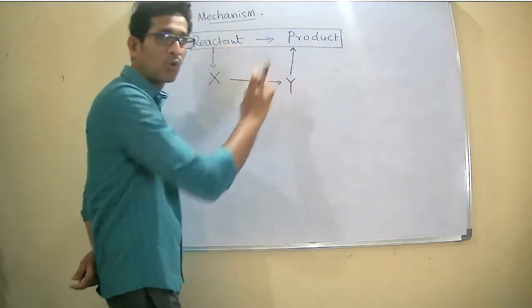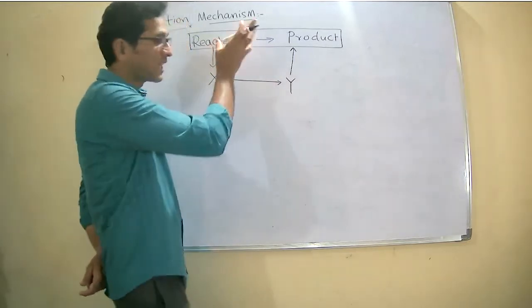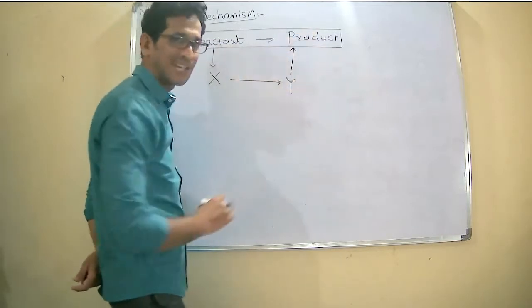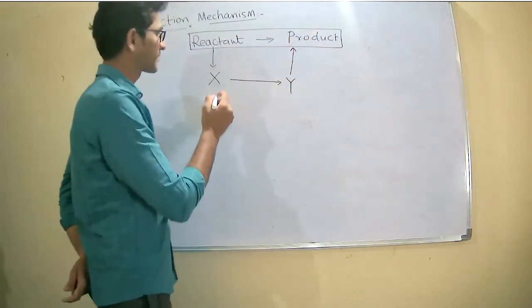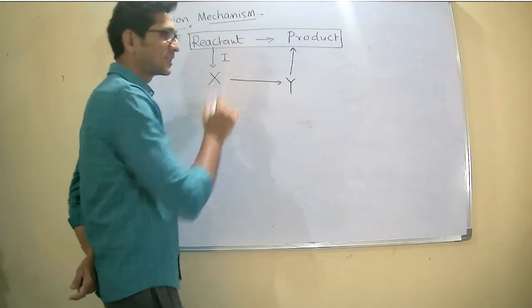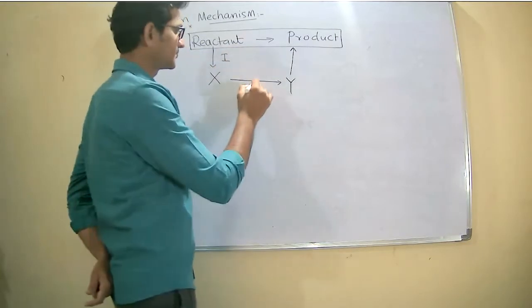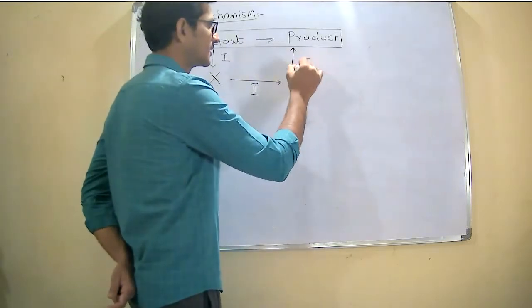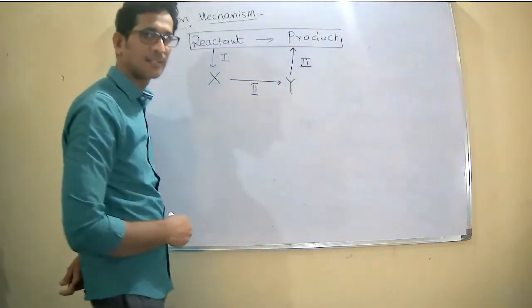This is the original pathway of this chemical reaction. For example, this is the first step, this is the second step, and this is the third step.